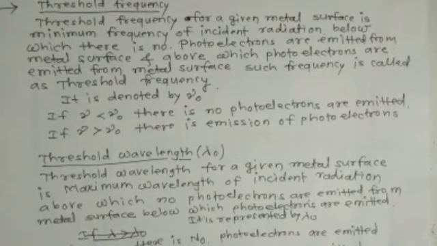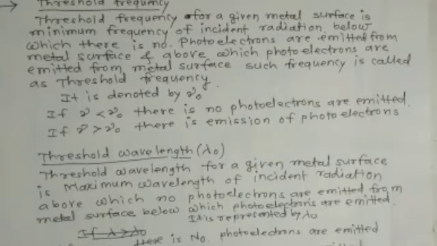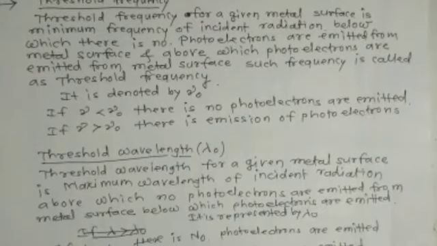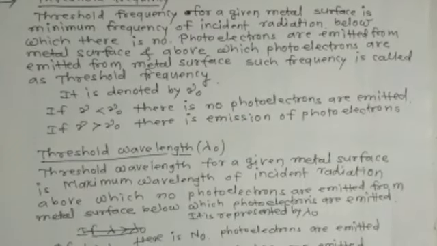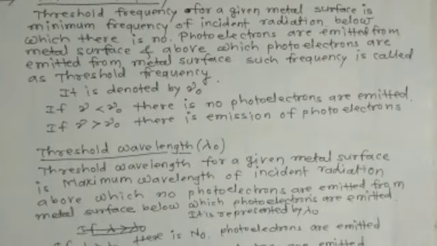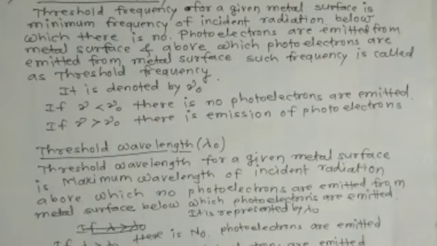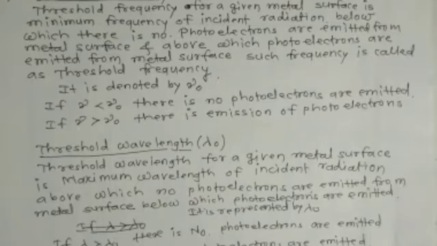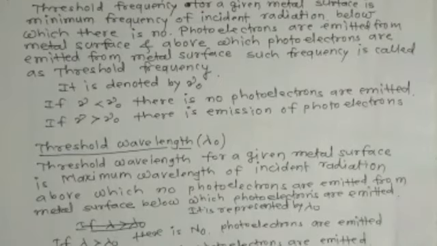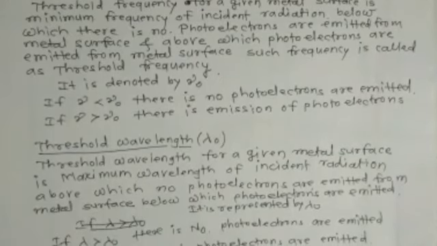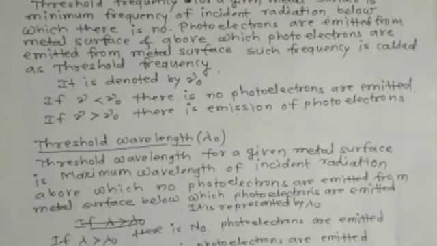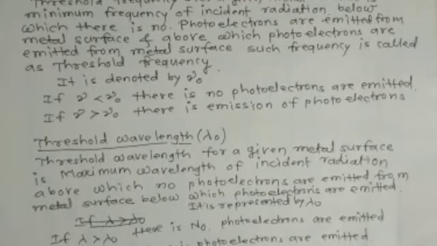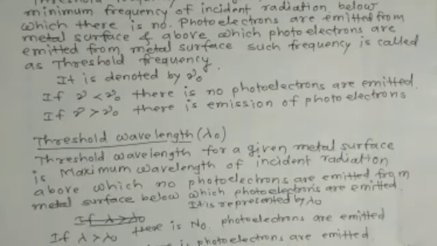Such frequency is called threshold frequency. Threshold frequency is denoted by nu zero. If nu is less than nu zero, no photoelectrons are emitted. But if nu is greater than nu zero, there is emission of photoelectrons.